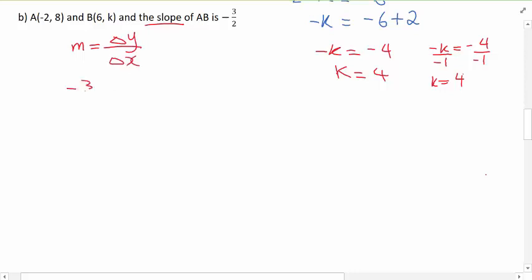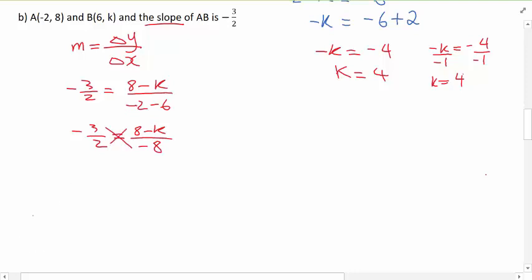So you have negative 3/2, that's the slope, and then you have 8 minus k over negative 2 minus 6. So negative 3/2 equals 8 minus k. Simplify the bottom one to be negative 8. And now I have to cross multiply.